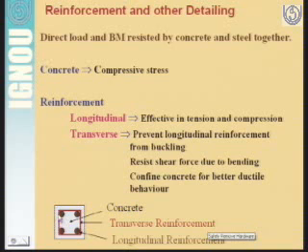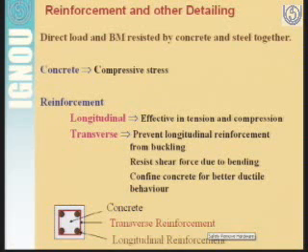You can see here in this section of the column, these small circles, dots in brown, are the longitudinal reinforcement, and this takes care of the tension and compression coming in the column section at any point.